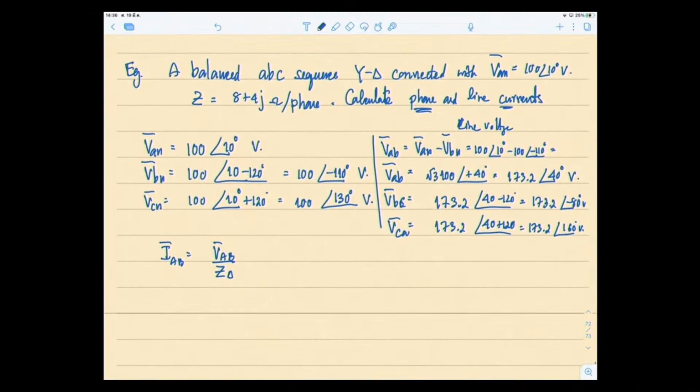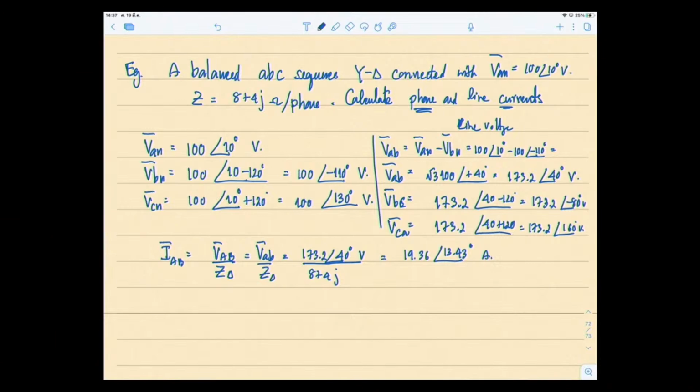So therefore, this is nothing but V line. So equal to the line voltage divided by the impedance, so 8 plus 4J. And the answer, use your calculator, is 19.36 angle 13.43 degrees amps.